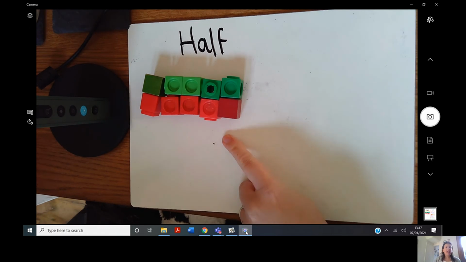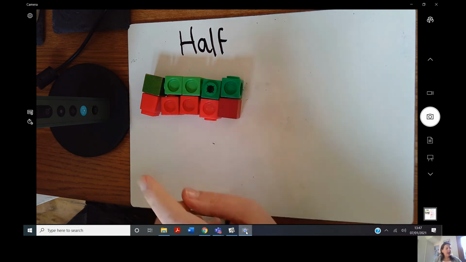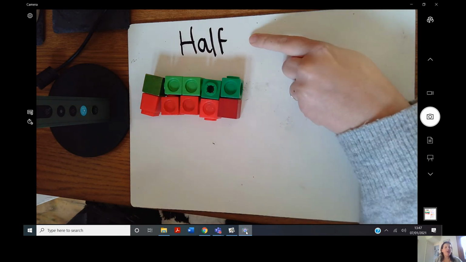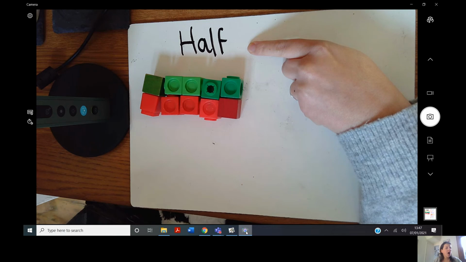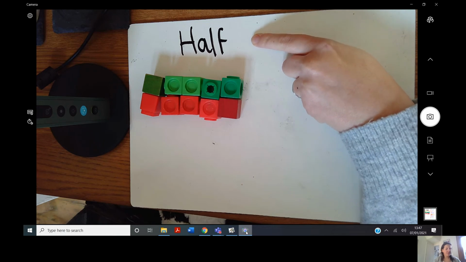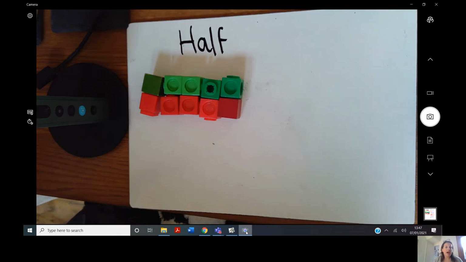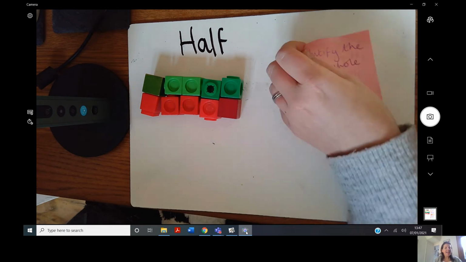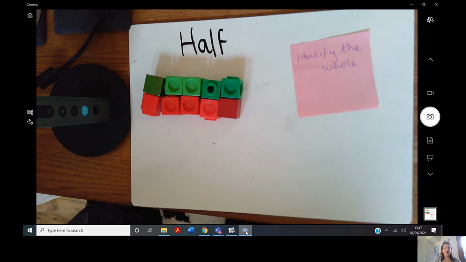Here we have a certain amount of cubes. I am looking for half of the amount of these cubes. My first step to success in answering this question is I need to identify the whole.